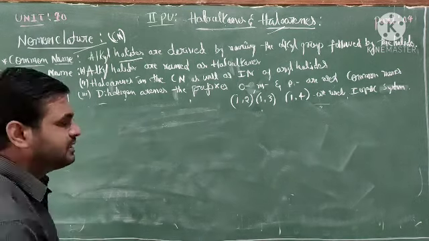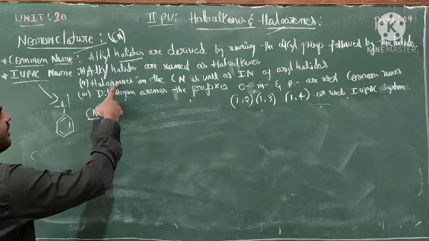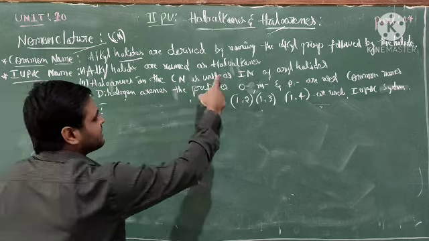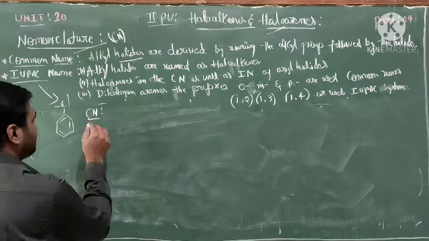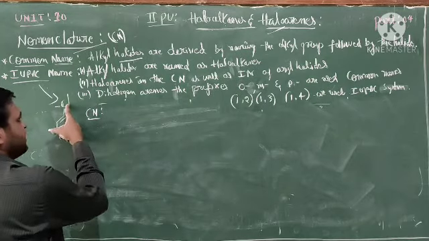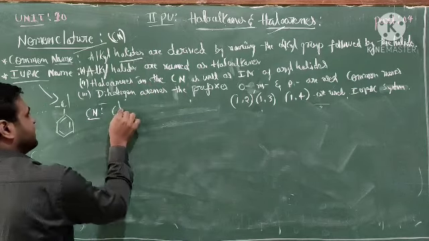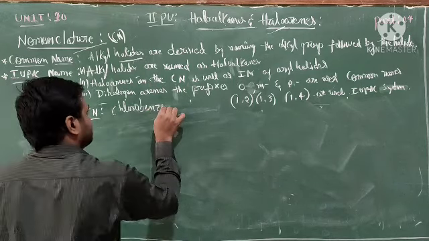This one, the common name is, haloarenes, aromatic ring. Both the common name and the IUPAC name are the same for aryl halides. So the common name is chlorobenzene.